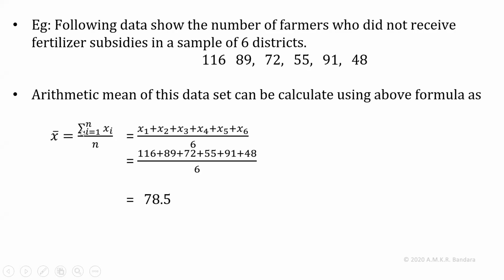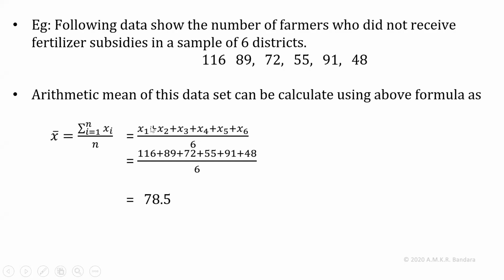That means this part we call the numerator of the division. This is numerator, this is denominator. So in the numerator we have sigma i equal to 1 to n of xi. When we expand this, it can be written as x1 plus x2 plus x3 plus x4 plus x5 plus x6.